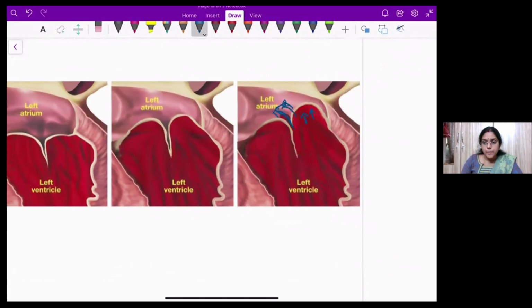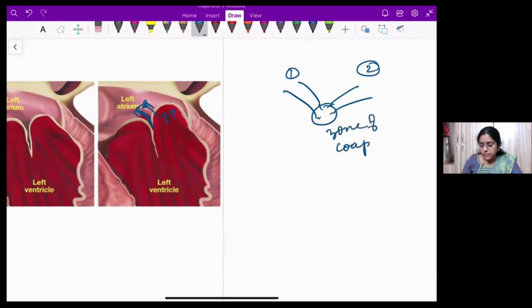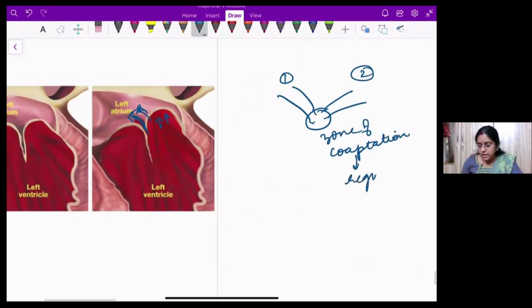This happens because of what we call the zone of coaptation. This is one leaflet, this is the second leaflet. When they actually meet here, this is called the zone of coaptation. If there is any problem with the zone of coaptation, there will be a regurgitation.